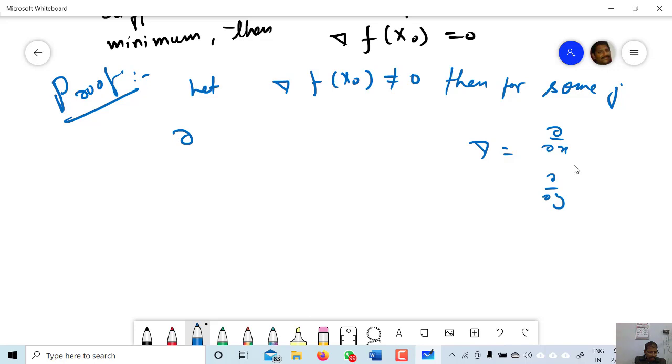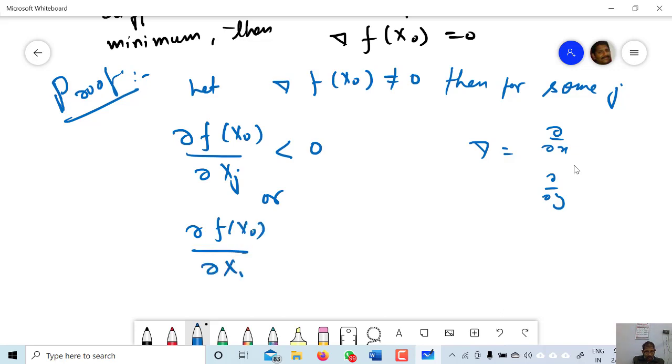So suppose there are some variable xj, the partial derivative with respect to xj is not 0, so either it will be less than 0 or it will be greater than 0. So delta f of x0 upon delta xj is less than 0, or delta f of x0 upon delta xj is greater than 0. There can be two cases.